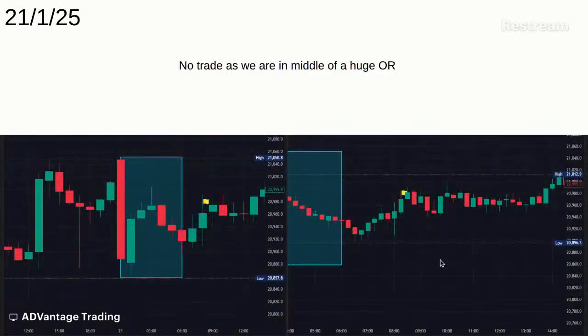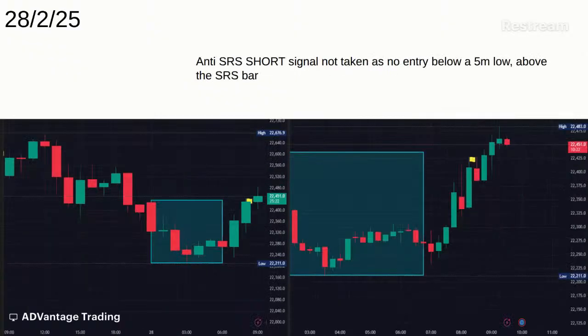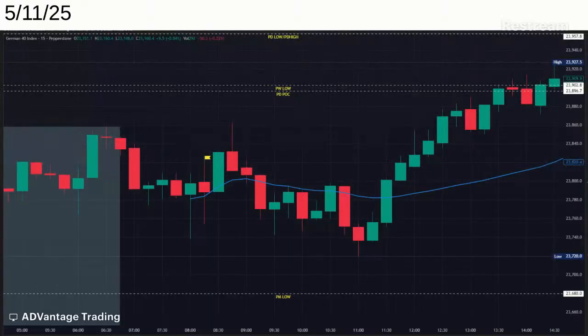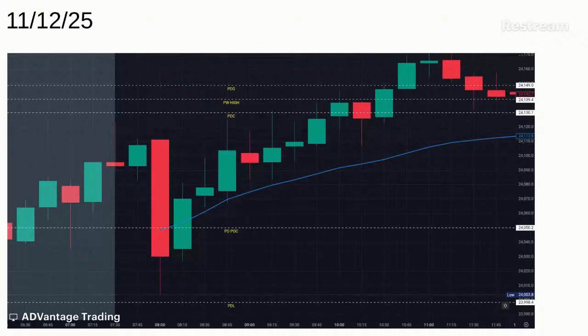So these are those 7 sessions where the market was within the overnight range, below the previous day close. And on 5 of those 7 occasions, buying above would have worked.